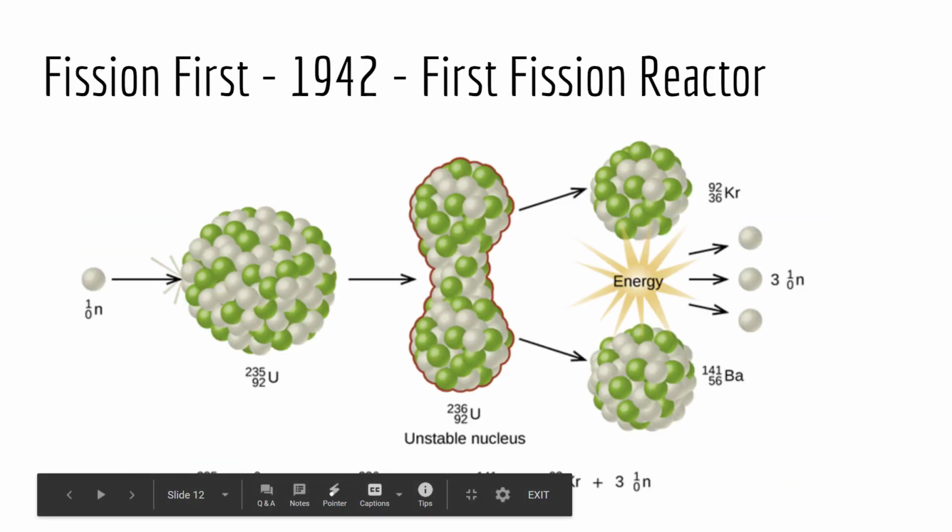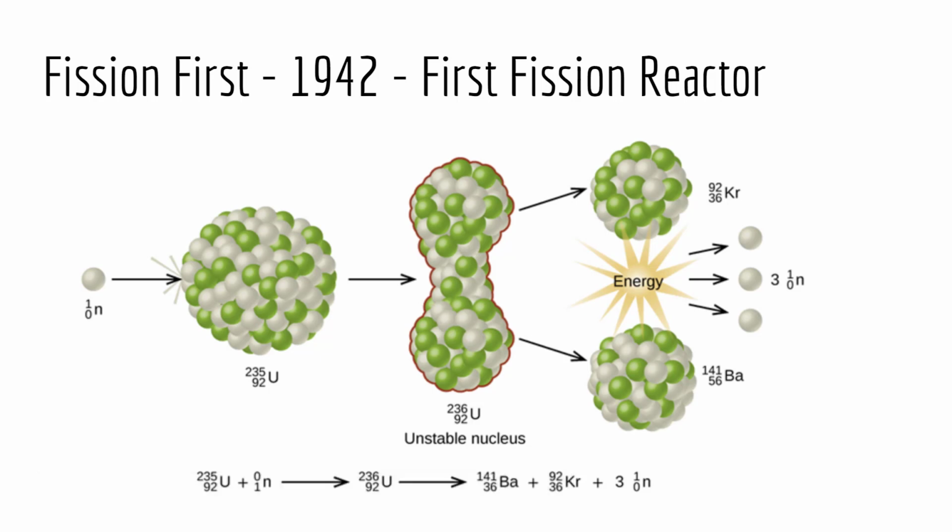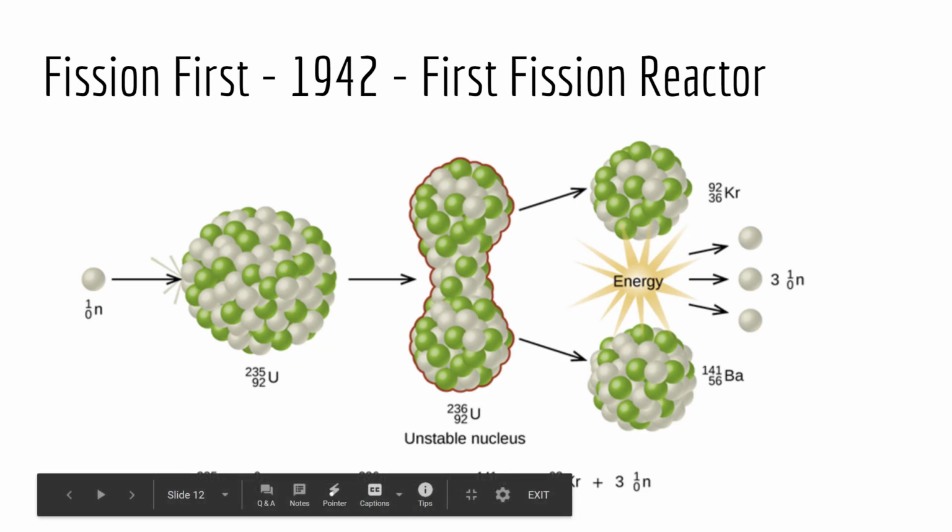And we started harnessing this. If you think of the Manhattan Project in World War II, we started looking to radiation and making fission occur here on Earth. And you can see that in 1942, the first fission reactor was created with uranium-235.